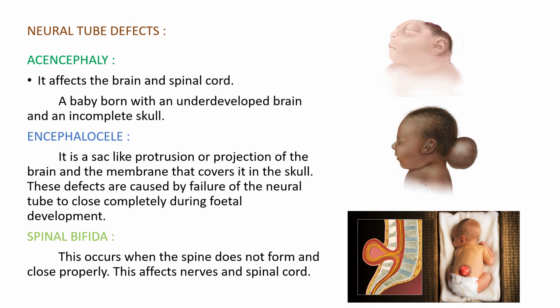These defects are caused by failure of the neural tube to close completely during fetal development. Spina bifida. This occurs when the spine does not form and close properly. This affects nerve and spinal cord.